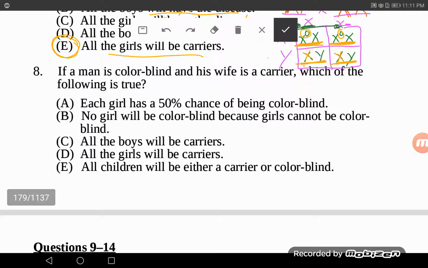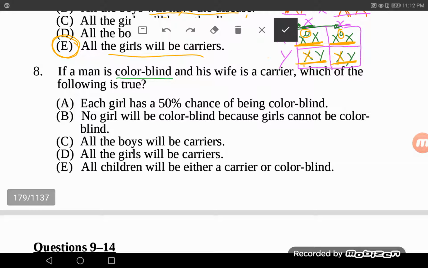In question 8 we have a man. It says, if a man is colorblind. Colorblind is a genetic disease related to vision, with colors like red and green. These people cannot see them very well, or they cannot differentiate them.